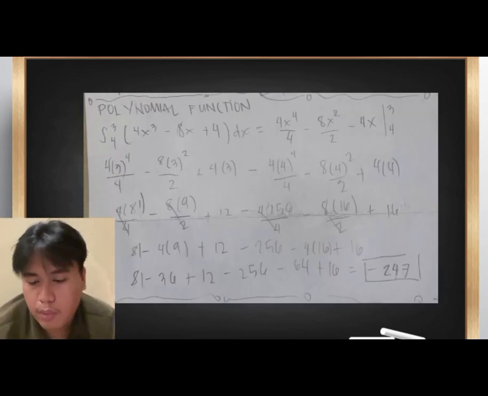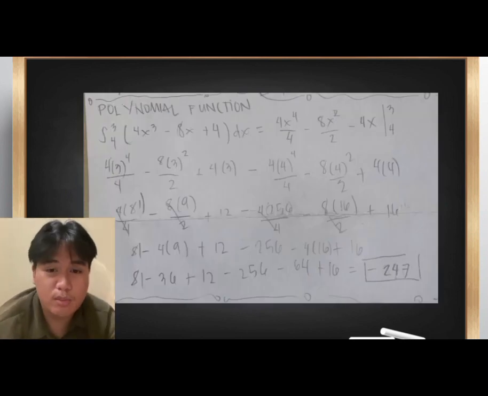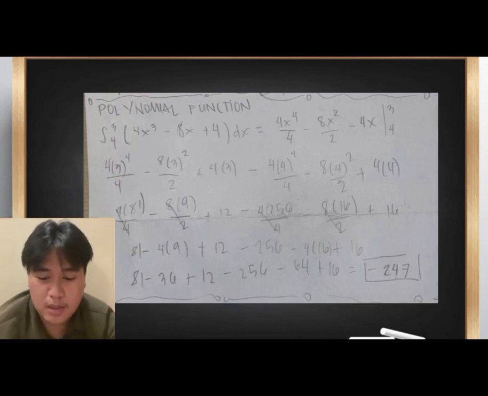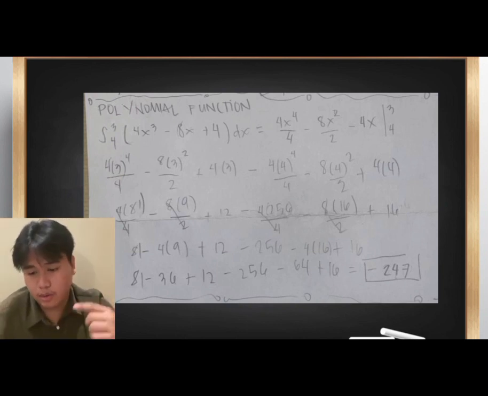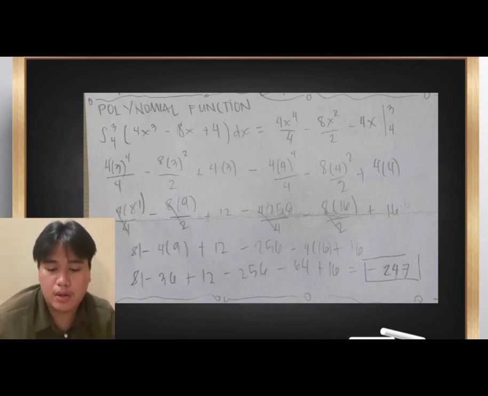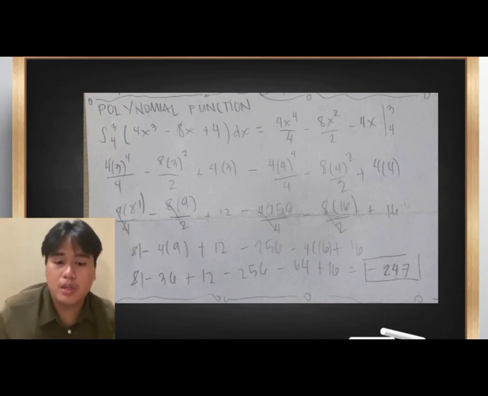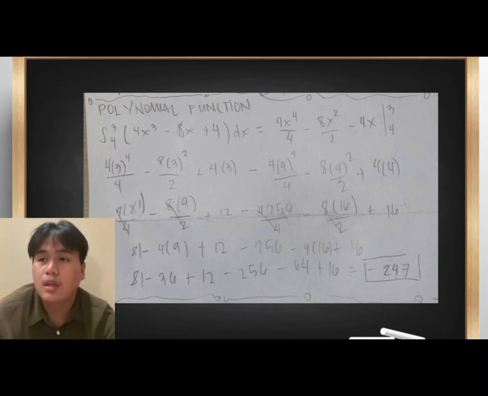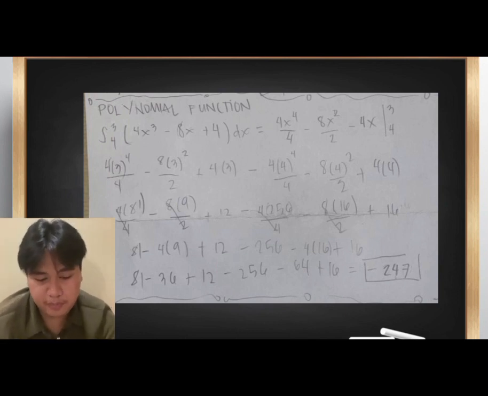Let's solve for another equation. A polynomial function, which is the integral of 4x cubed minus 8x plus 4 dx, evaluated from 3 to 4. To get our antiderivative of this polynomial function, we need to use its formula of x raised to n plus 1 over n plus 1.